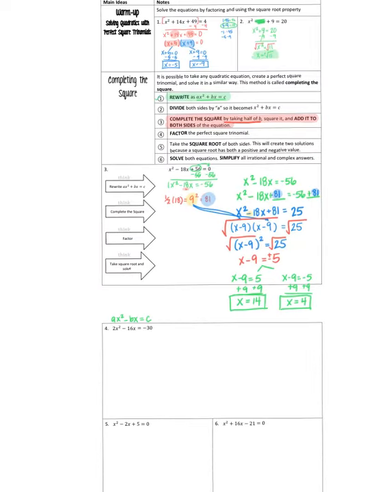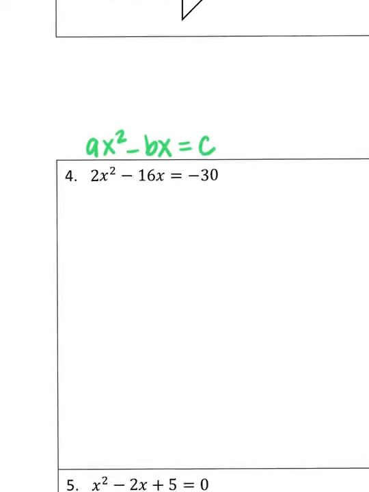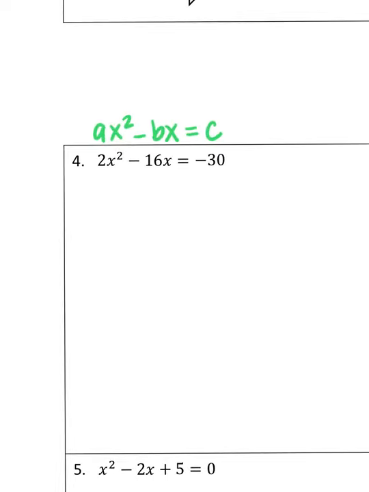Except this is where it comes back to that divide. So right here where it says divide, so we can get x squared by itself, we're going to go ahead and divide everything by 2 to get rid of this 2 right here.